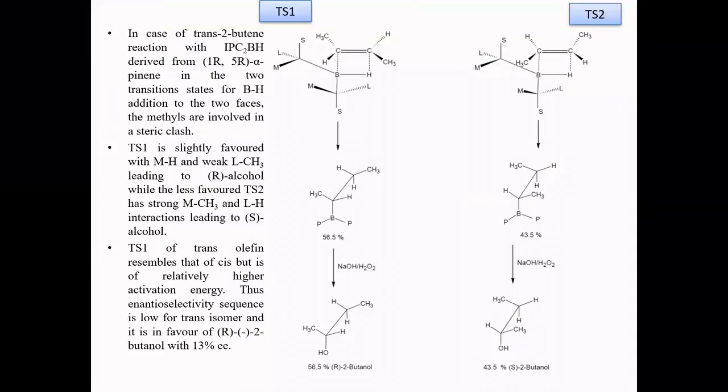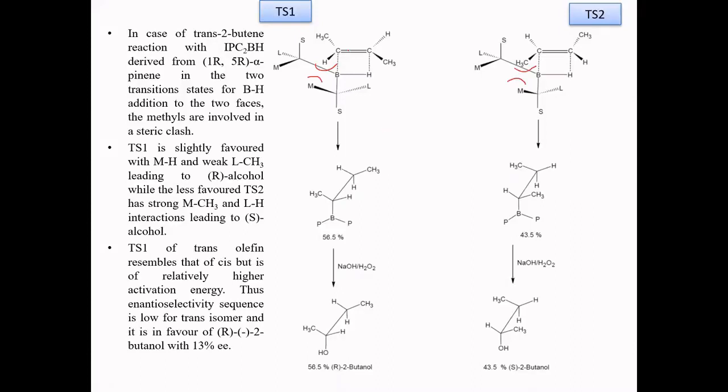Okay, now let us understand what happens. We are having the trans alkene. Then here there are two possible approaches. You can see here, at this position, the medium size group is coming in interaction with the proton, whereas the medium size group is coming in interaction with the methyl group.